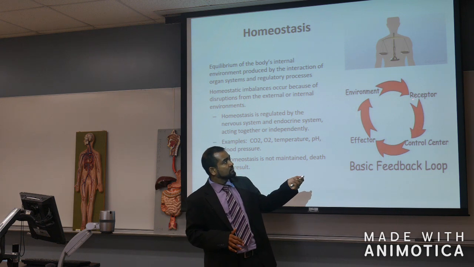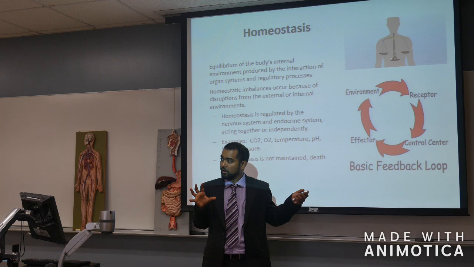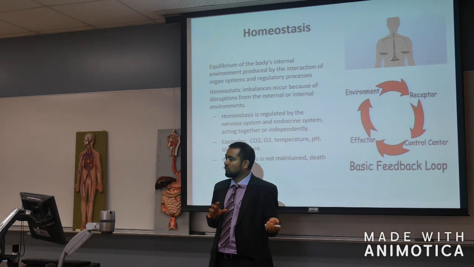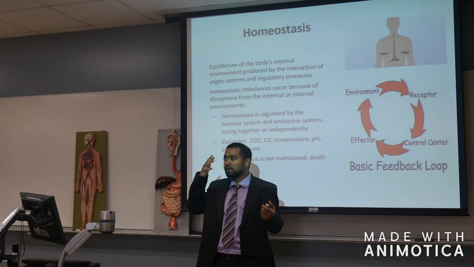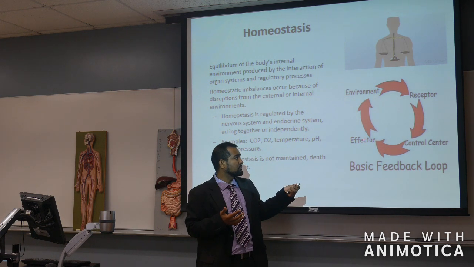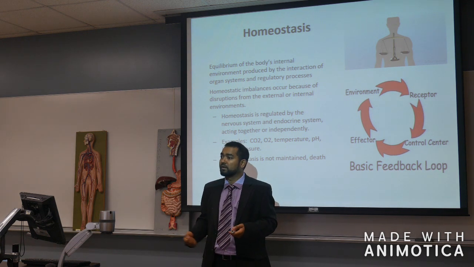So how does it work? The receptor receives the information about what's going on, and then the receptors send that to the control center. The control center is the brain. The brain needs to know what's going on, then it sends a message to the effectors, different organs, hey, go back and fight, or the lymphatic system.